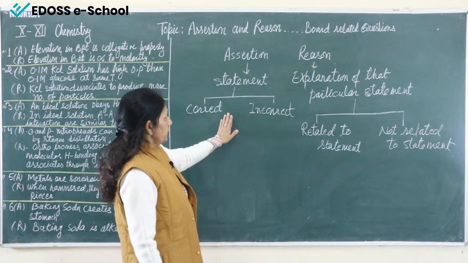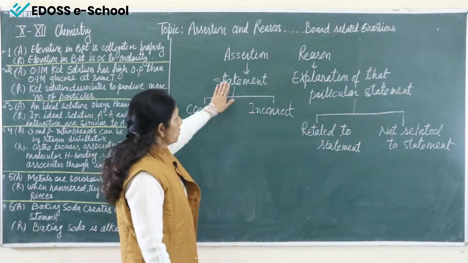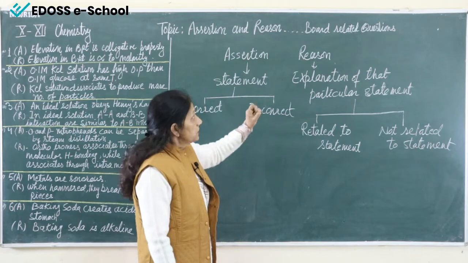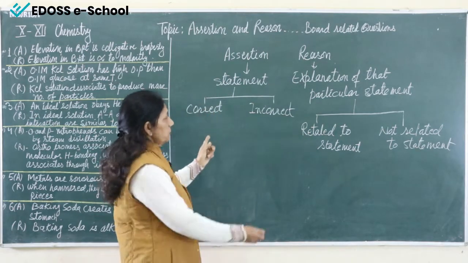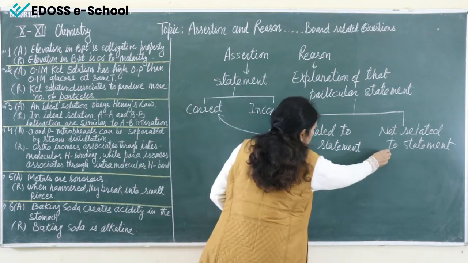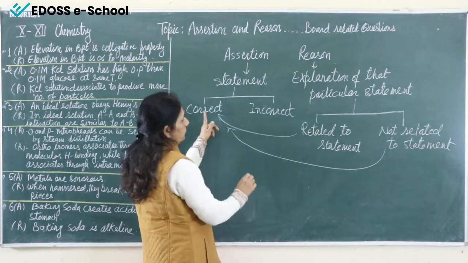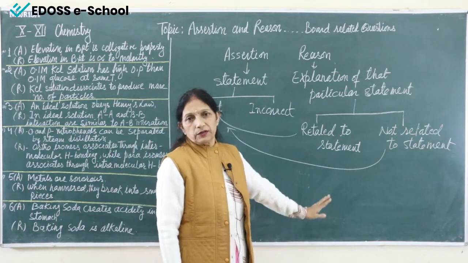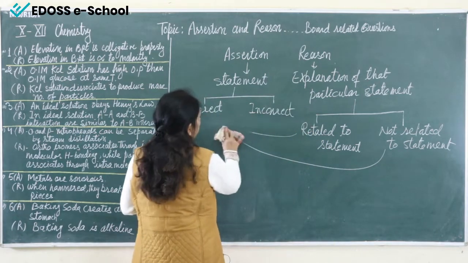So in this way we can say that the statement can be correct or incorrect. Similarly, the explanation can be related to the correct statement or not. So in this way, now 4 options we are getting.